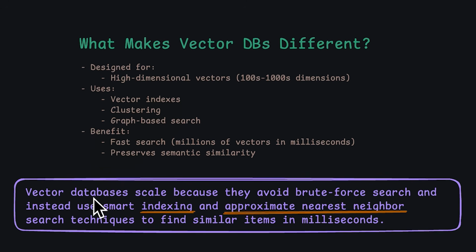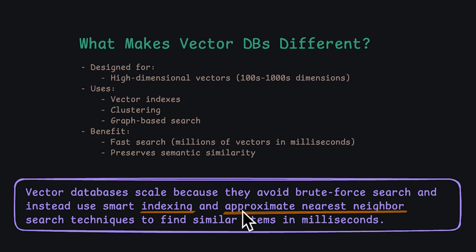So here's the key point. Vector databases scale because they avoid brute force search. They don't search in a linear fashion. Instead, they use smart indexing and approximate nearest neighbor search techniques to find similar items in milliseconds.